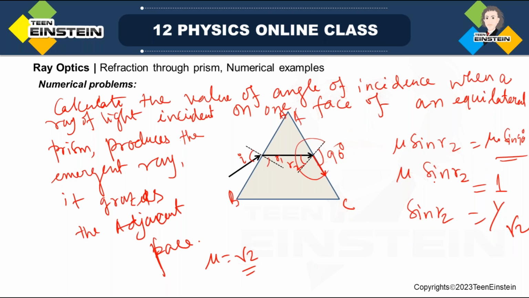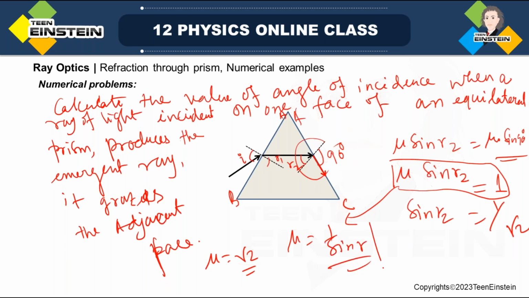So from here I can write mu is equal to 1 by sine R2. Mu is given for this particular problem.